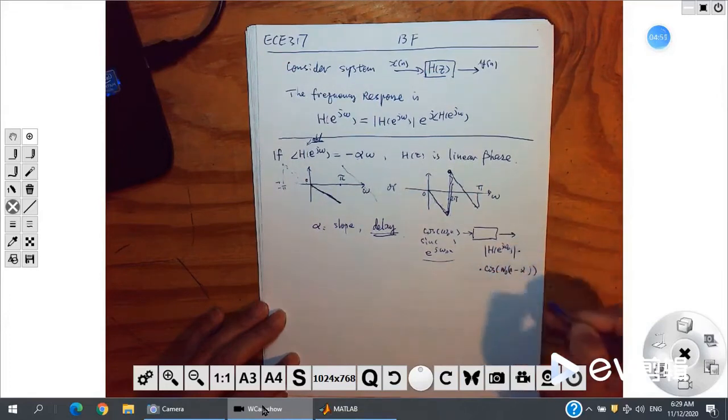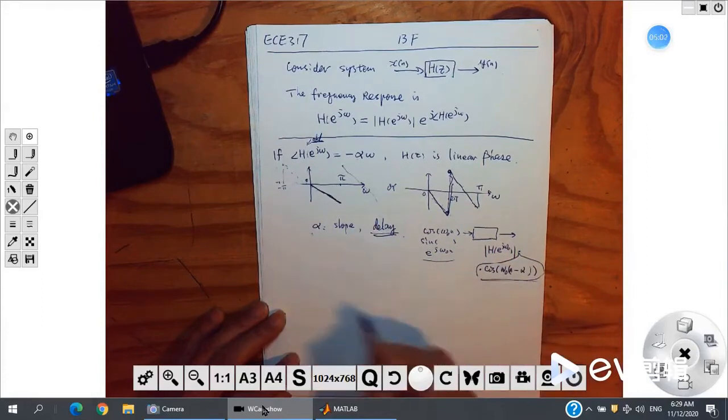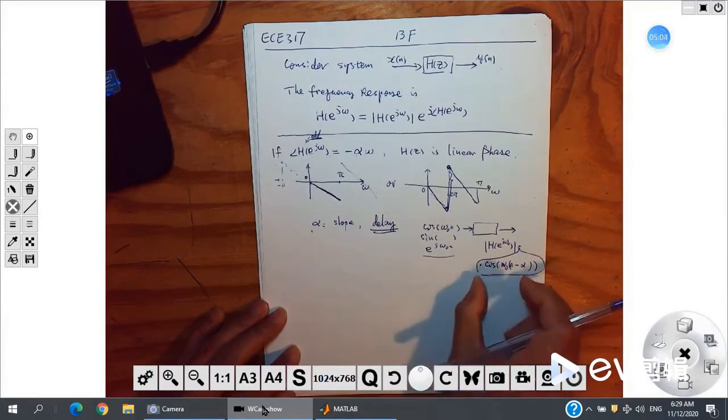I can write it this way: it's time minus alpha, just a shift of alpha. So you can think of it as a delay. This alpha is just that delay. You shift it by alpha.